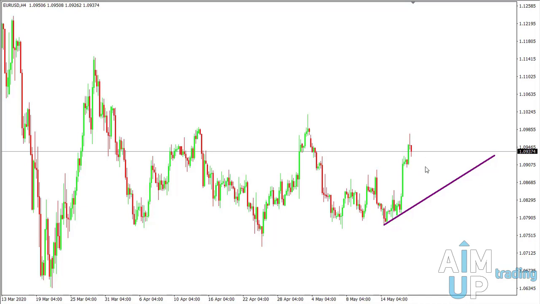So right now what we suggest you in this case is just be happy with your profit and look for another opportunity, or just stay away from the computer and wait for the next day and see if the price actually reached this trend line. If it breaks through this trend line, you might look for a short opportunity, or if it respects the trend line, you can look for another entry.